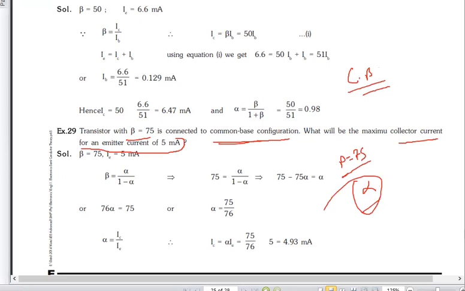Using the same formula, it will hold true, right? So after calculating alpha, we know there is a relationship between IC and IE. IC is equal to, in this case, alpha IE, right? Now, after calculating alpha, can I calculate IC? Doesn't matter whether it is common base or common emitter, right? Okay, got it?